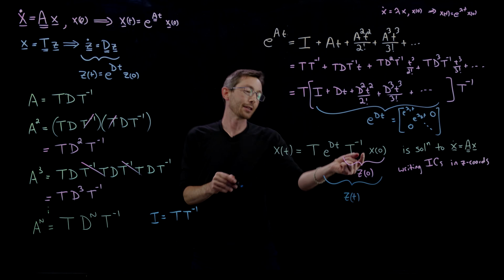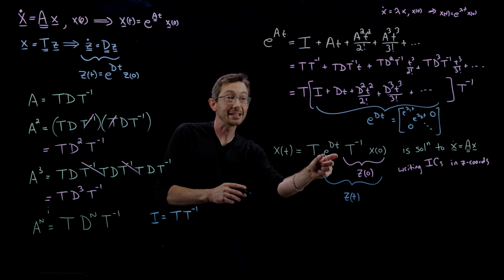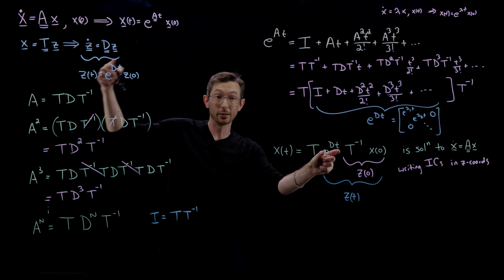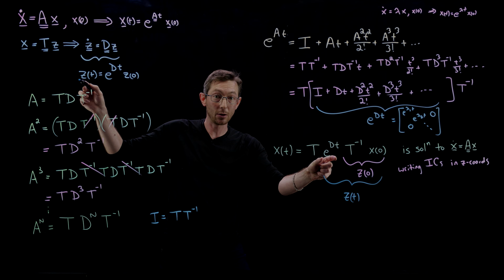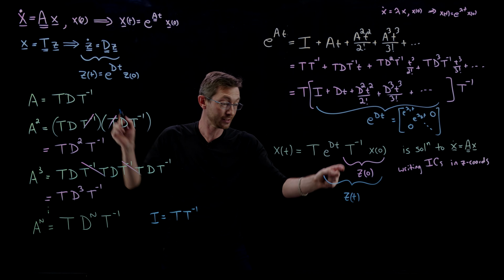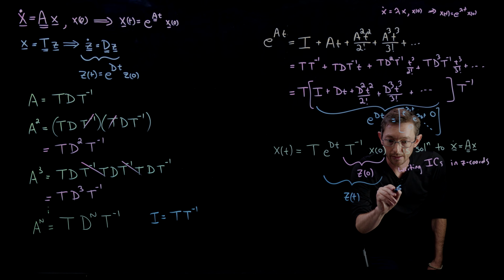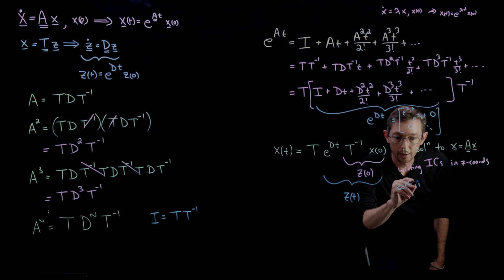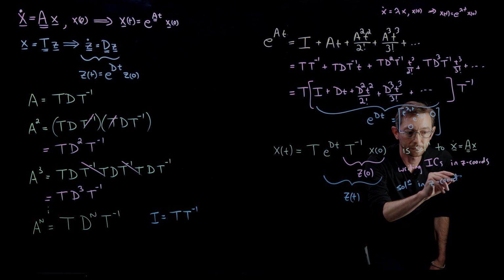So I've taken my initial condition and mapped it into z coordinates, where it's easy to write down the solution. It's just my initial condition times this diagonal matrix. That's z of t. This is my solution in z coordinates, which is easy.